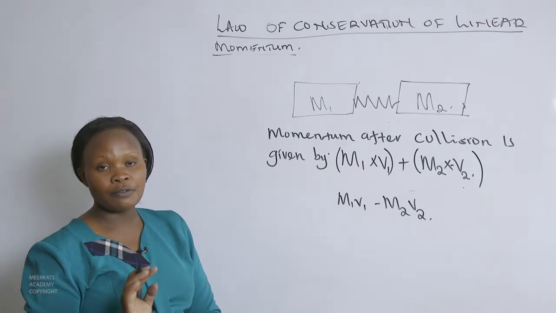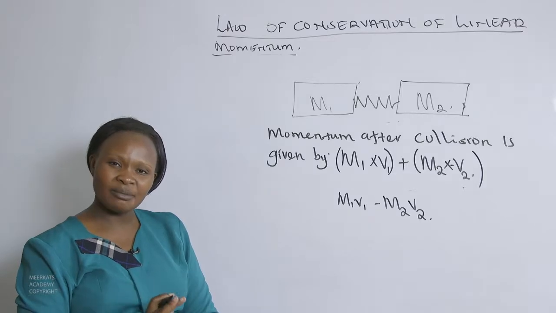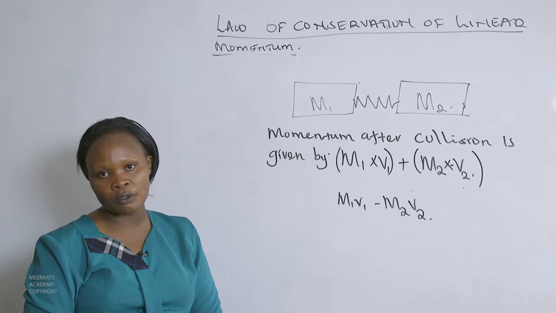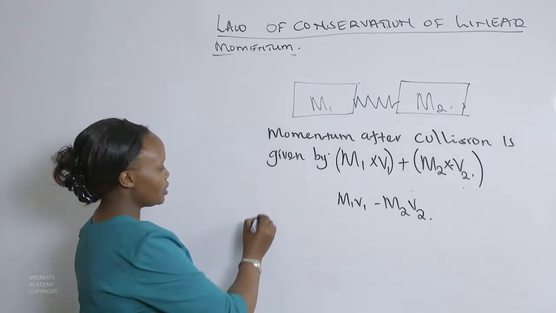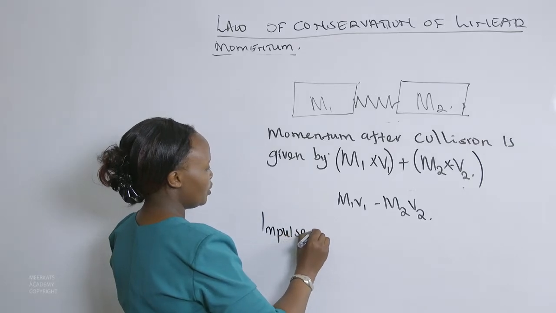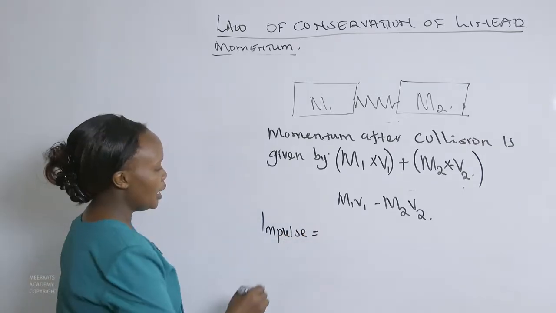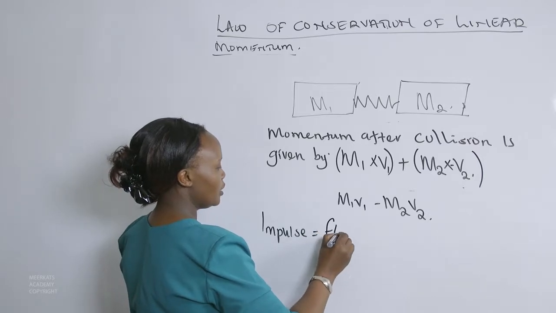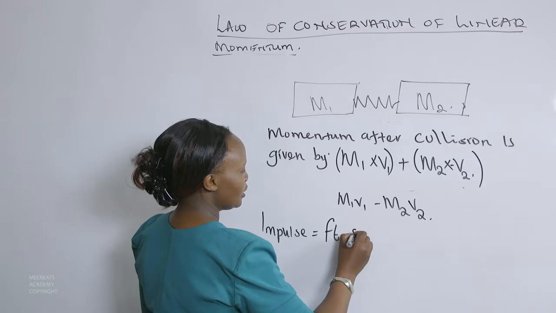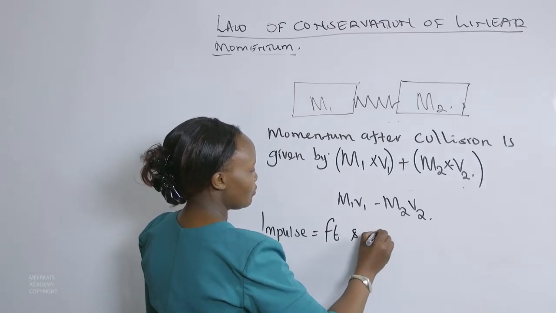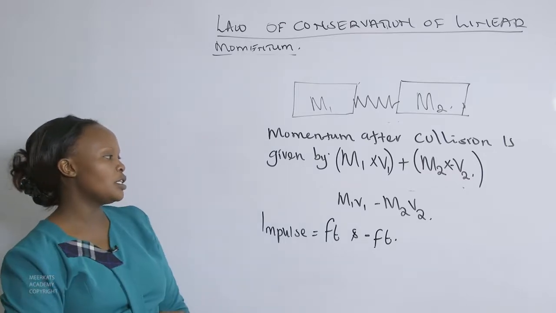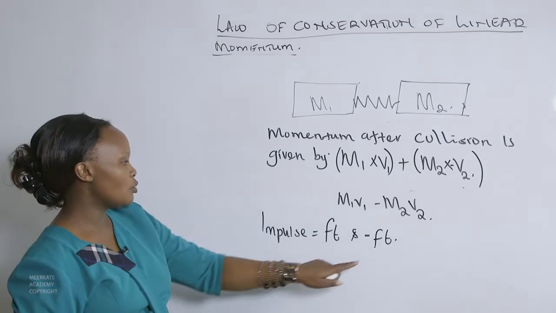Therefore, the force caused an impulse during the time that it acted upon the bodies, so that impulse will be given by Ft for body 1 and negative Ft for body 2.